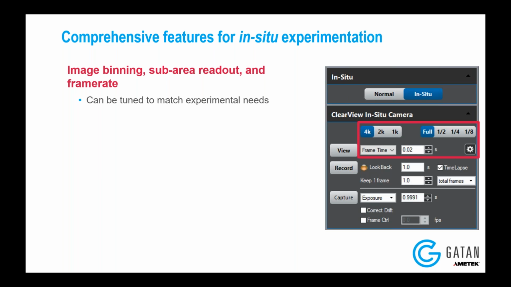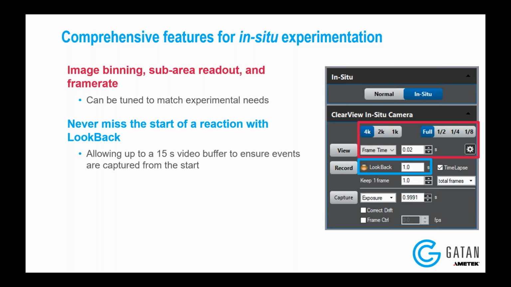And acquiring data is only the first step in working with an in-situ data set, right? So we have controls within DigitalMicrograph for using the image binning, the sub-area readout, and the frame rate to set up the camera for acquiring data. We also have features like lookback, which is a video buffer that records a certain amount of time in a ring buffer.